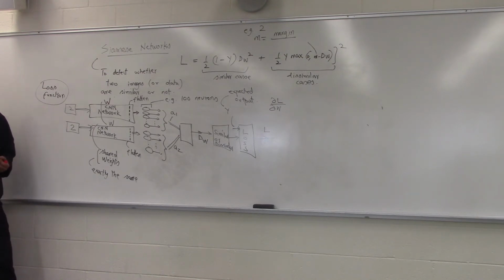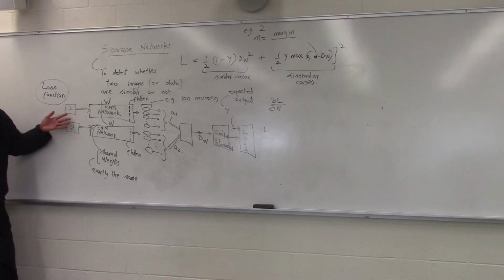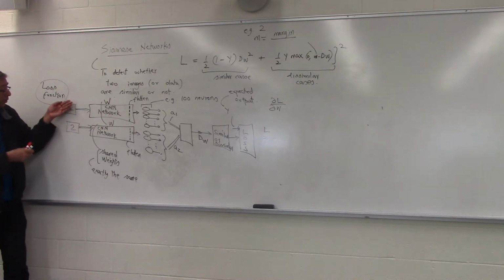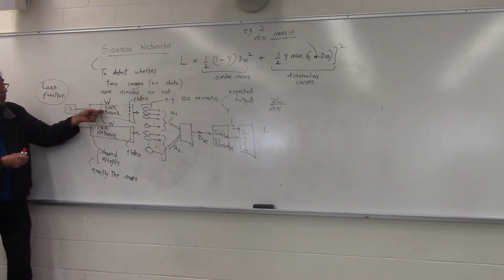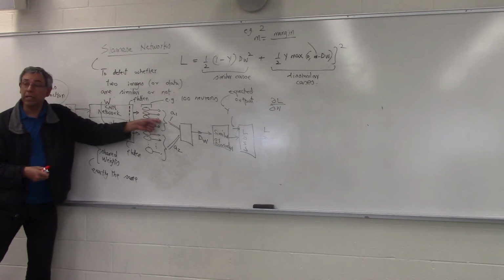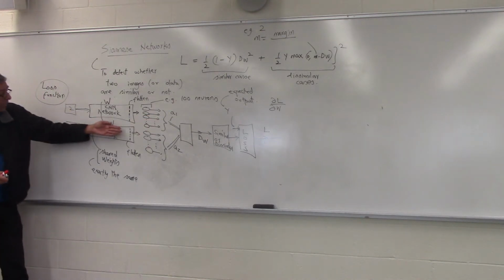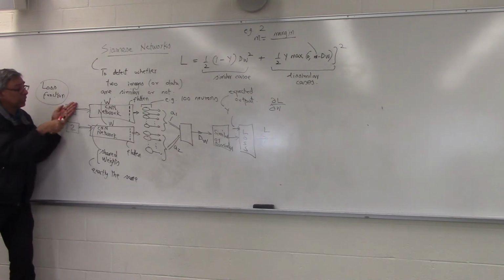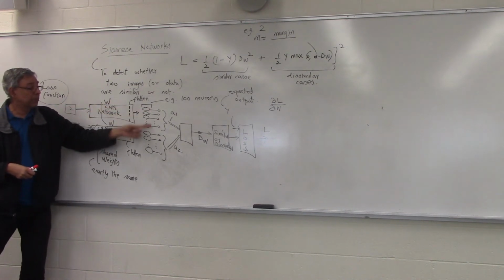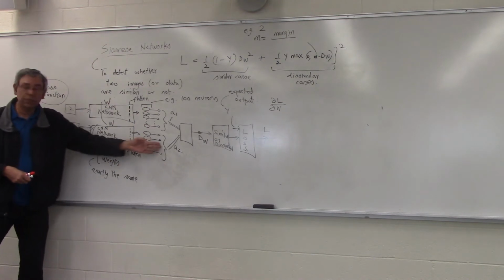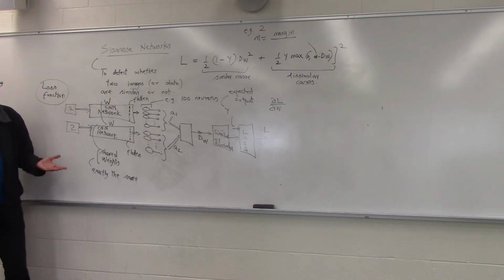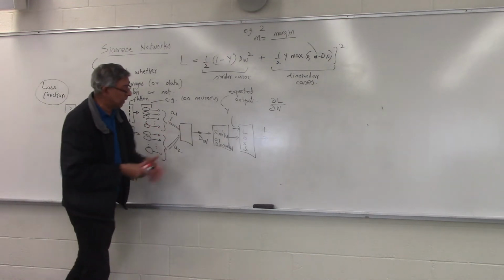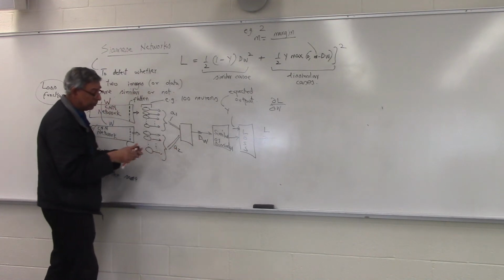In fact, in reality, once we build it, we actually don't have two separate networks. We feed it two images one at a time. The first image we feed will produce some A1, right? So pretend this other network is not there. The second image that we feed over here, what will we call that output? A2. Once we have A1 and A2, we can compute the Euclidean distance.